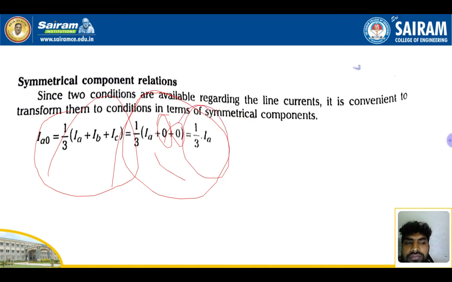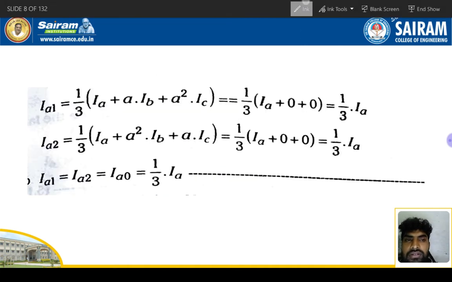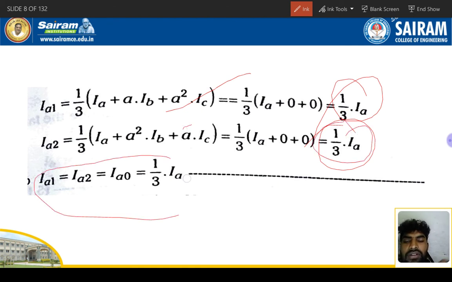For the positive sequence component, Ia1 is 1 by 3 (Ia plus a Ib plus a square Ic). Substituting here, you will get 1 by 3 Ia. Similarly for Ia2, the negative sequence component, the same thing, 1 by 3 Ia. So finally Ia1 is equal to Ia2 is equal to Ia0 is equal to 1 by 3 Ia.